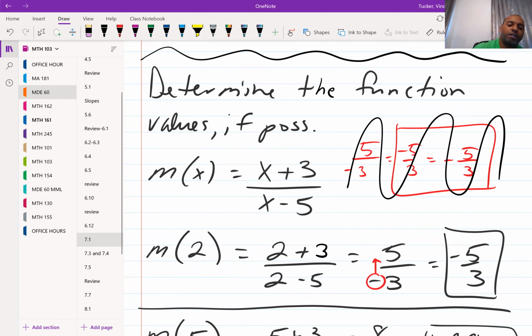That just means we're going to take 2 and plug it in where we see x. That's 2 plus 3 over 2 minus 5. 2 plus 3 is 5 in the numerator. 2 minus 5 is -3.